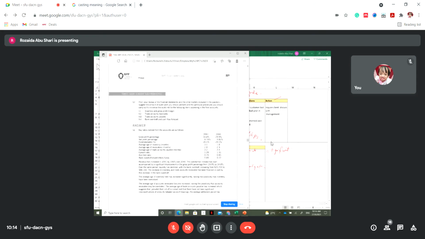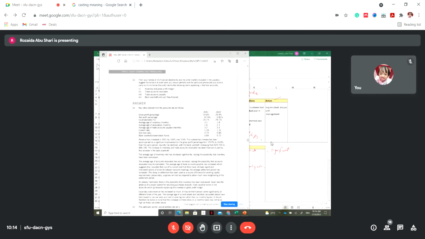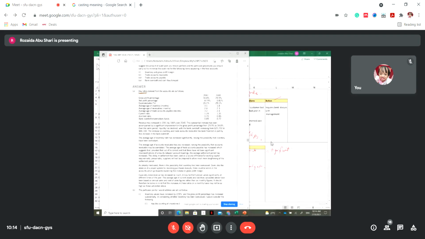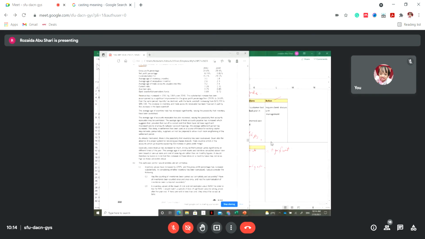So this one, you must have the key ratio. These are the key ratios calculated. What I want you to highlight here.